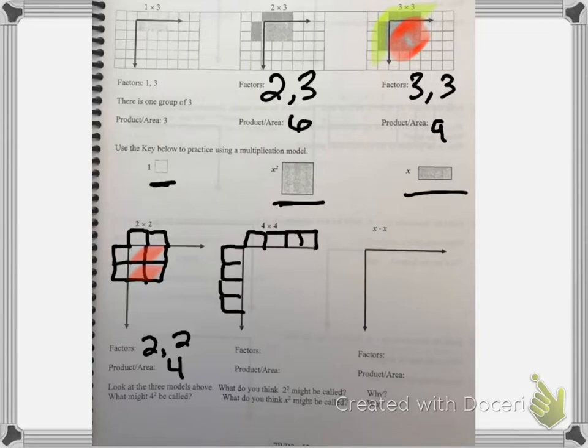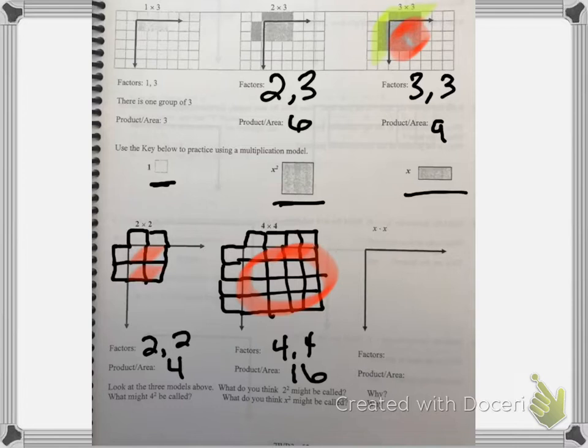I have 4 and 4 on the outside, so you finish the array. The total of those squares is 16, and the factors are 4 and 4.